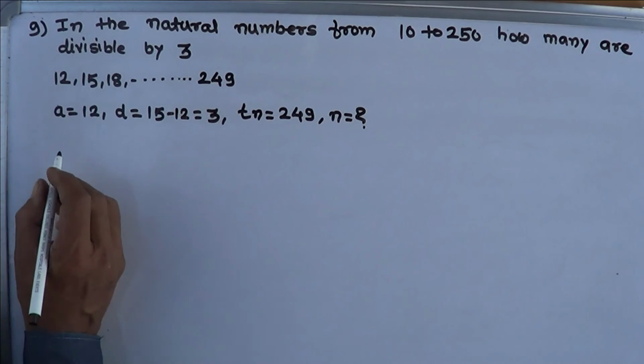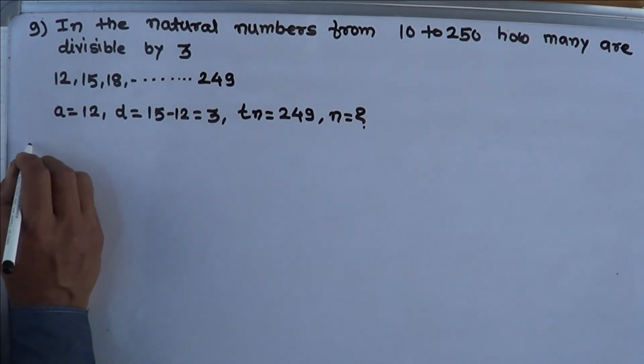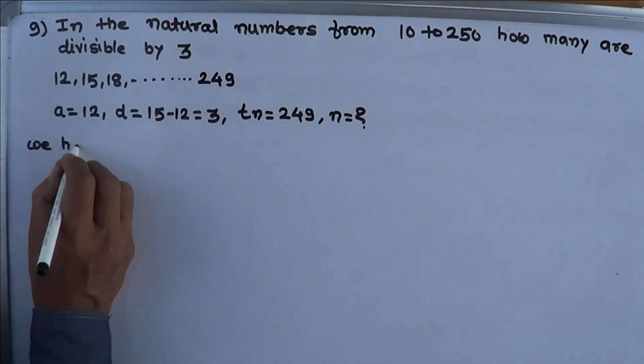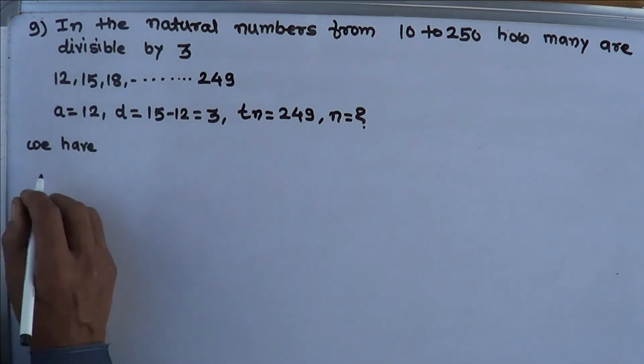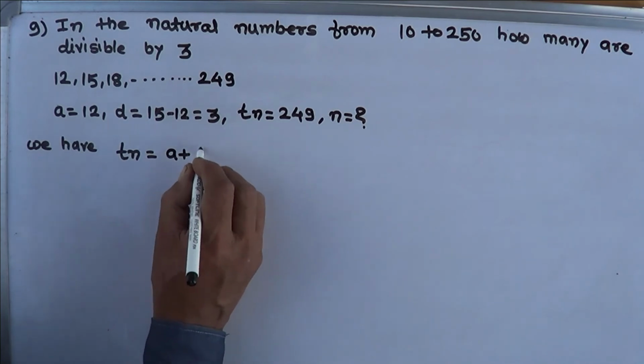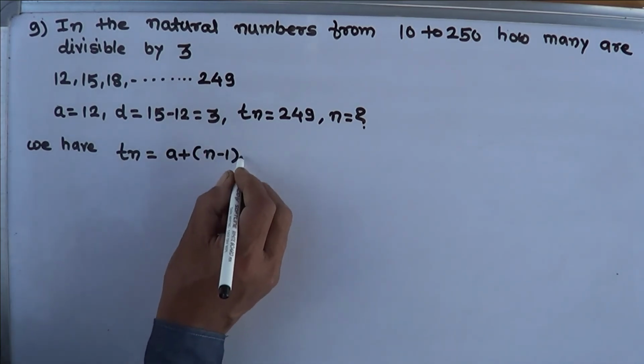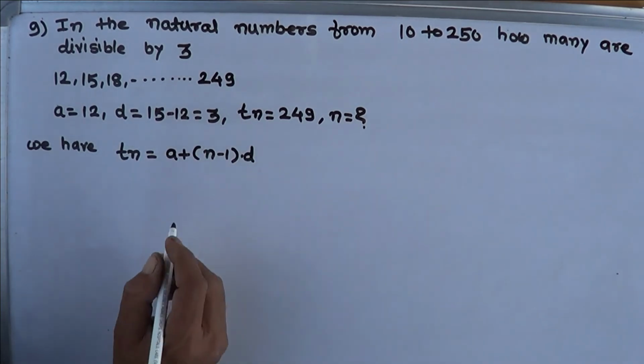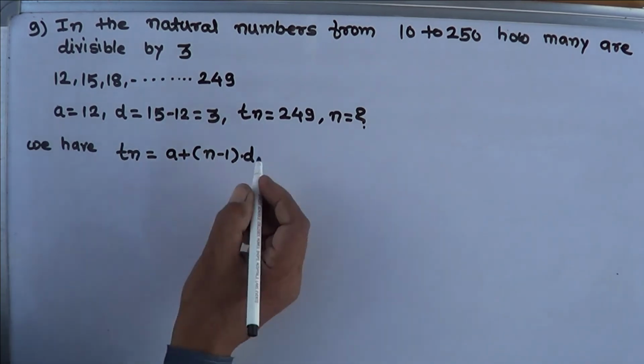Now write the formula. We have tn equal to a plus n minus 1 into d. Now put the values.